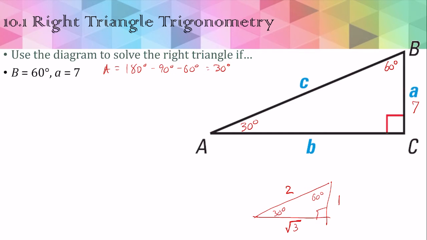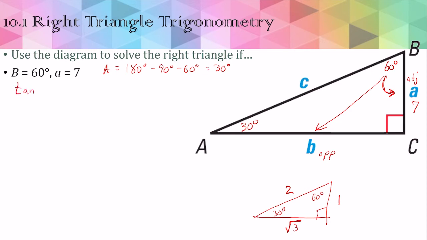Why is that useful? Well, if I want to find one of the other sides, let's say I want to find B. Well, from the 60, we always want to use the things they gave us if possible. The A is the adjacent, and the B is the opposite. Opposite and adjacent is tangent.